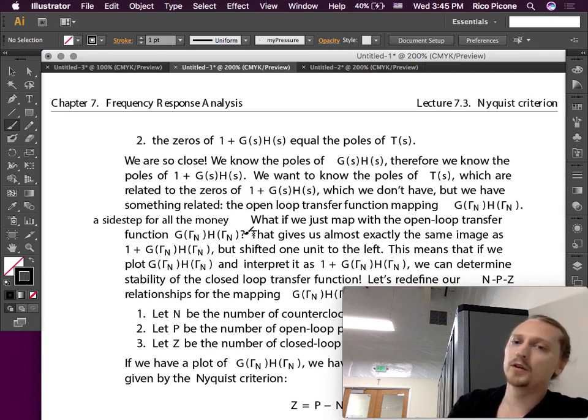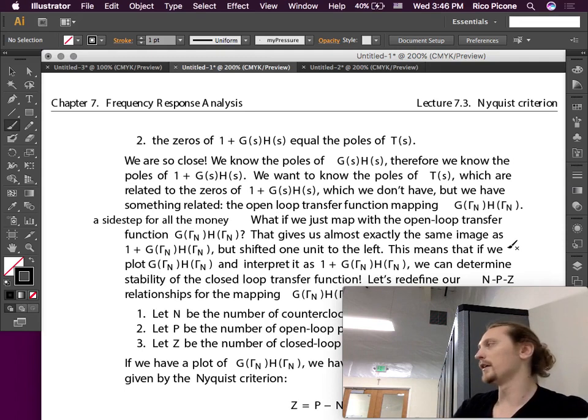We have the open loop transfer function mapping GH of the Nyquist mapping, the right half plane. Okay? All right, so a sidestep. This is our last move that we have to make in our quest. So what if we just map with the open loop transfer function GH?